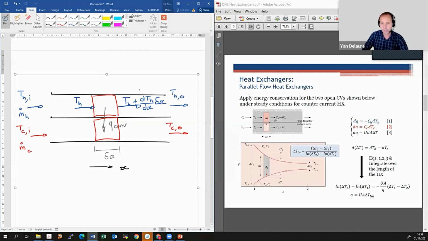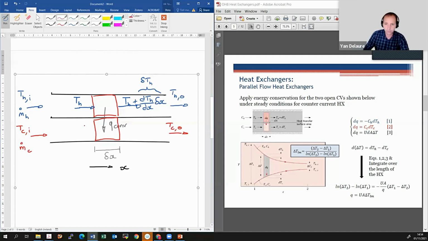So you could write this as the delta TH. That is the change in temperature. We know that the temperature of the hot stream decreases. It loses heat. The hot stream just gives away heat. Therefore, delta TH should be negative.